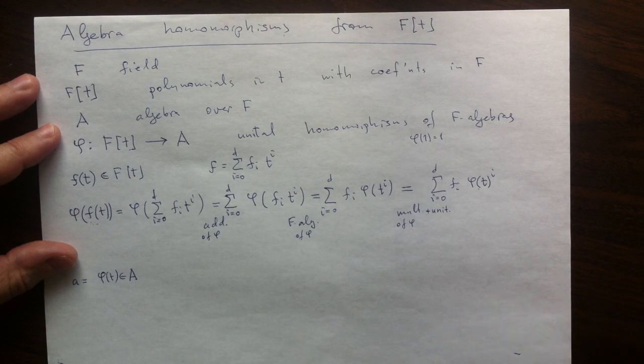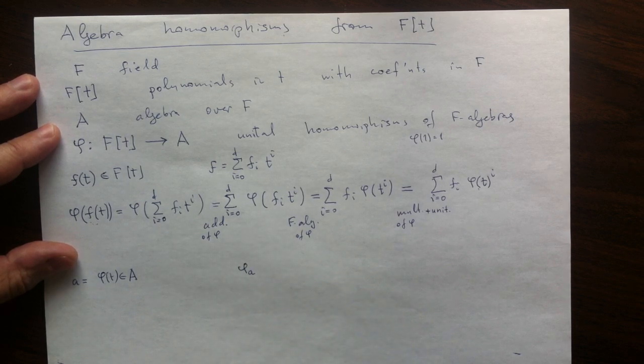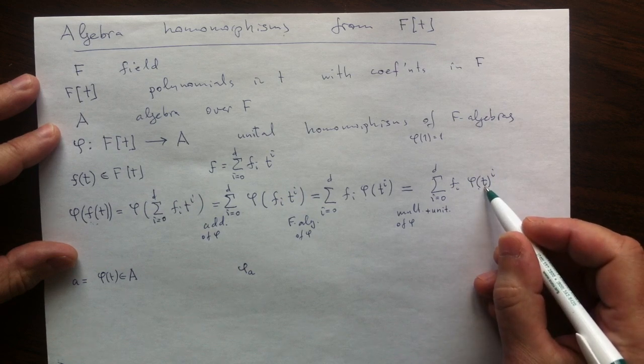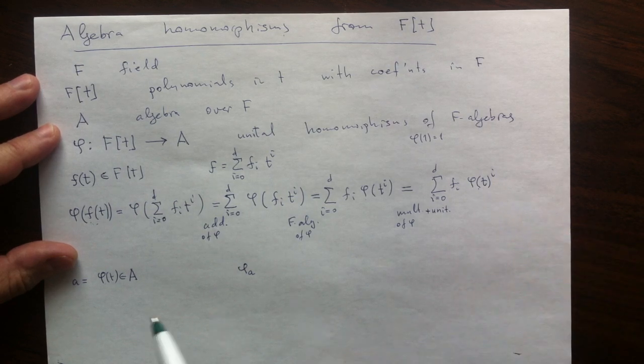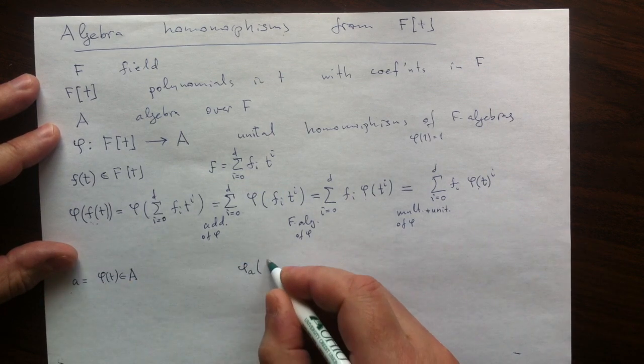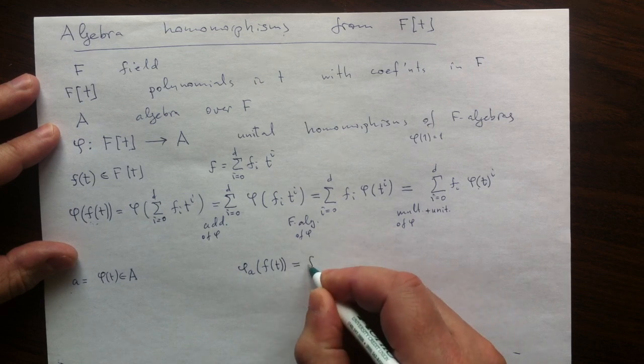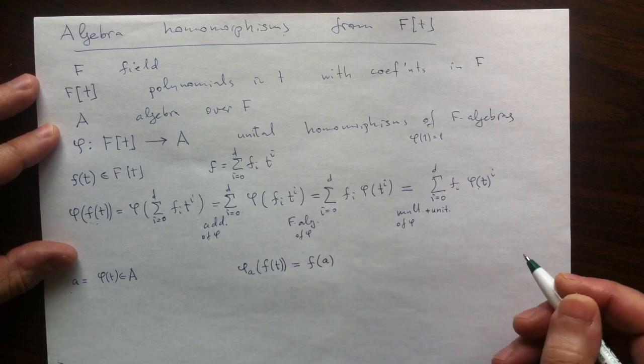The story can be reversed. Starting with any a, we can construct a homomorphism which will take on the monomial t this prescribed value a. And then just rewriting this as a definition of the homomorphism, we will have the following compact answer.